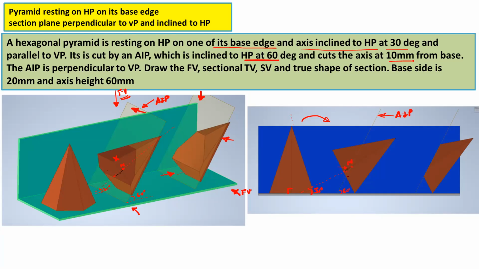Then you can draw the top view, then sectional side view, and true shape of this section. So this is the sectional front view. Okay, let us see how to draw this on a drawing paper. You can take this screenshot for your reference.